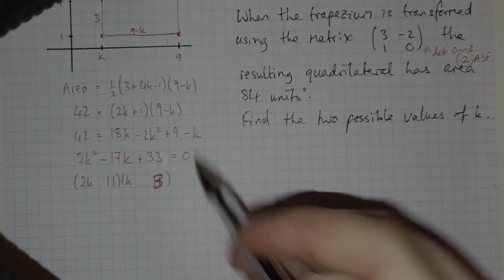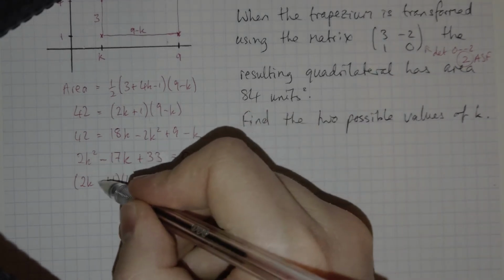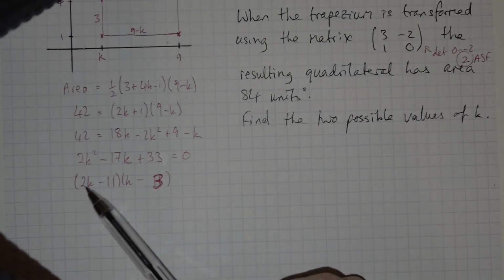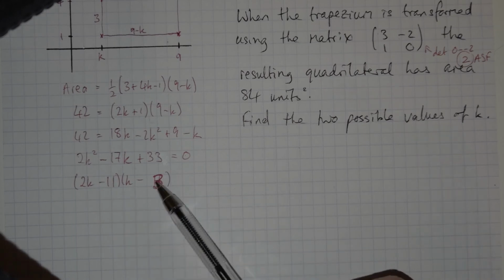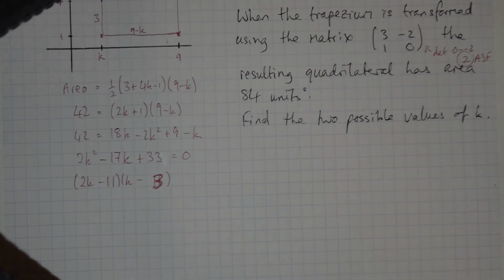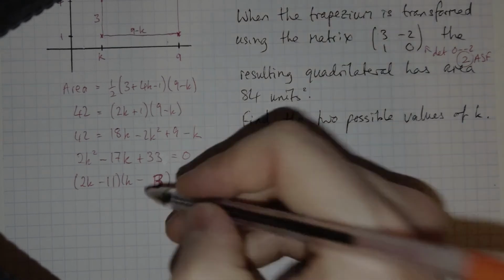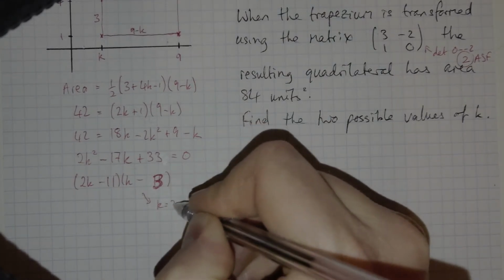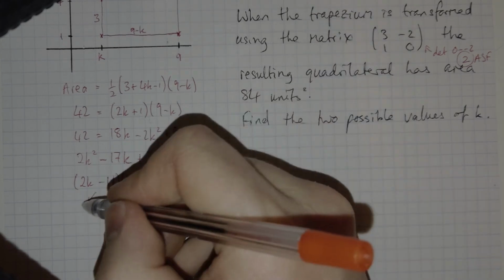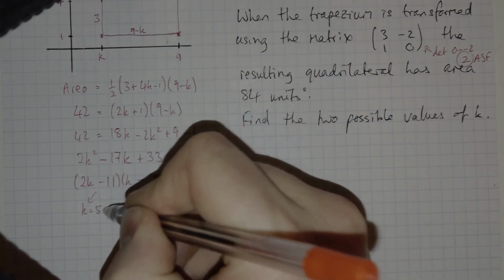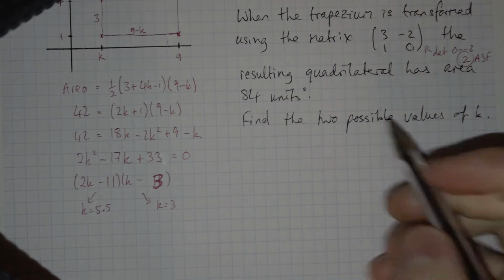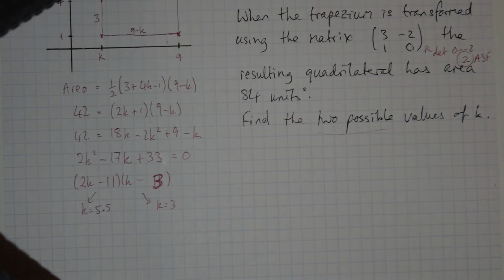Factorising in my head, always good. They're both negative. Let's just check that works. So 2k squared, take 6k, take 11k. Yep, that's the minus 17k I need, and that's plus 33, as it should be. Therefore, I get that k is 3, or it's 11 over 2, also known as 5.5. And they are my two possible values of k.